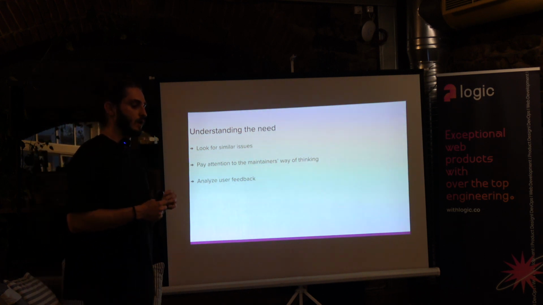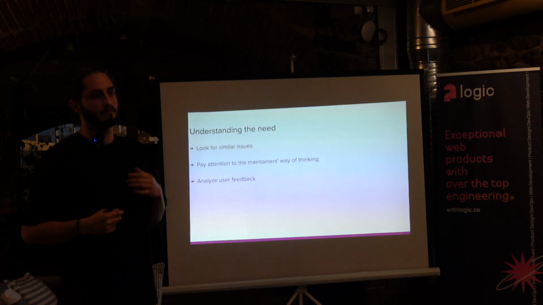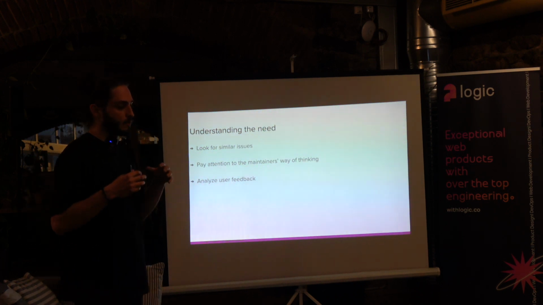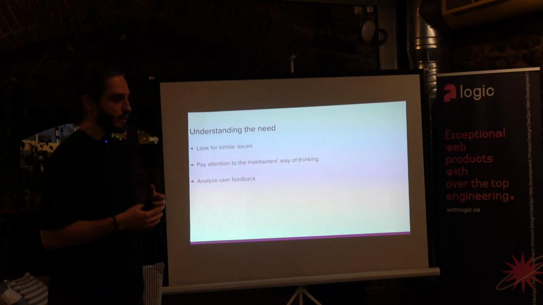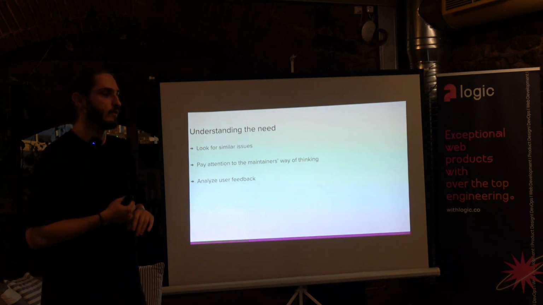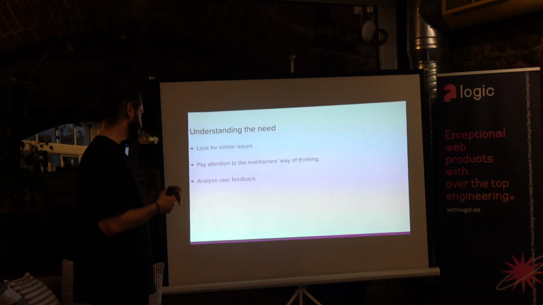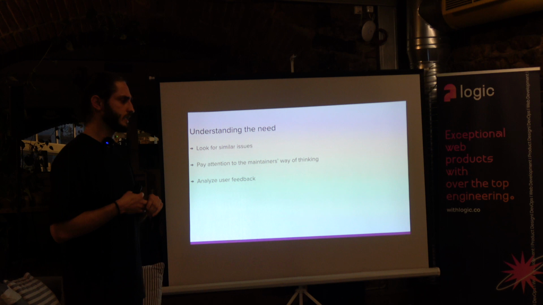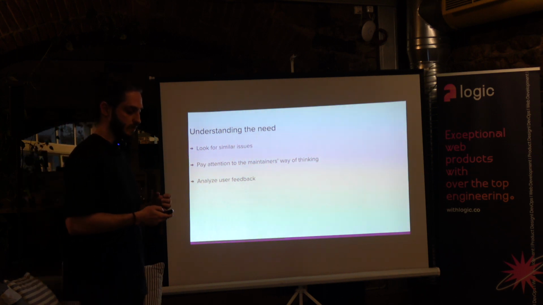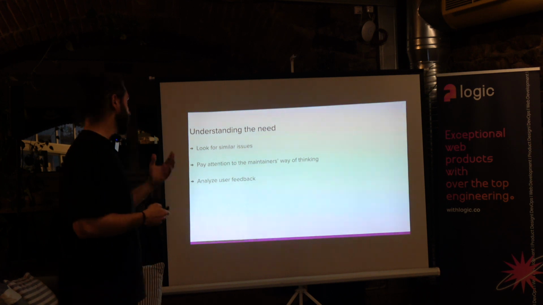So I would try to really get the context of what the issue was and get to the root of it, and why users actually needed it and maybe how they imagined the solution, and also really paid attention to how the maintainers were thinking and what their suggestions were.